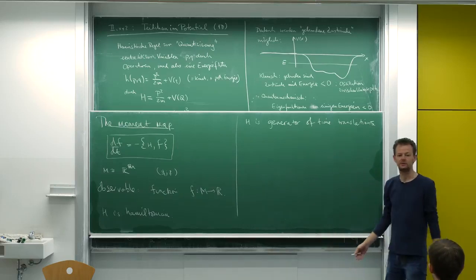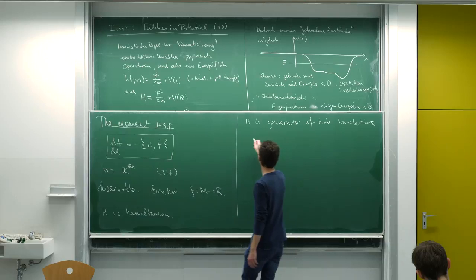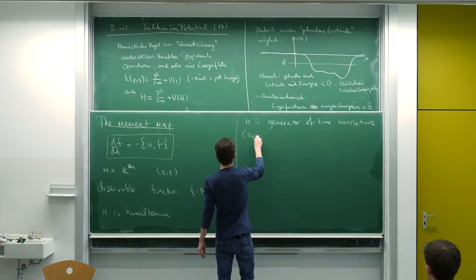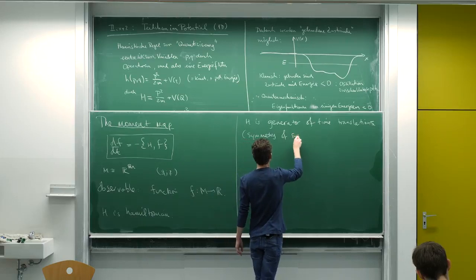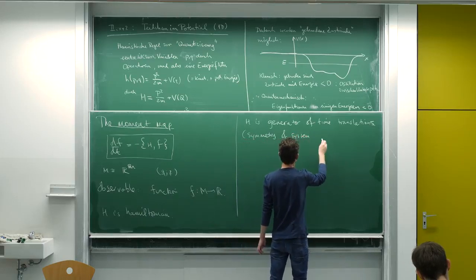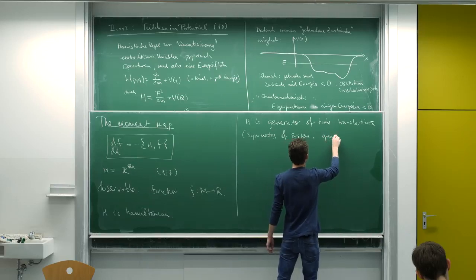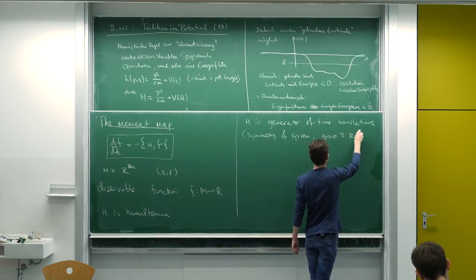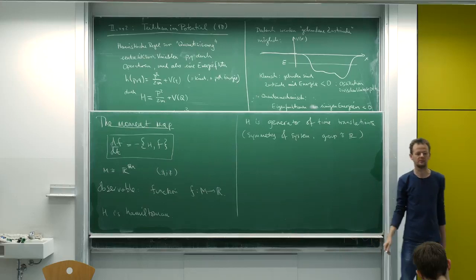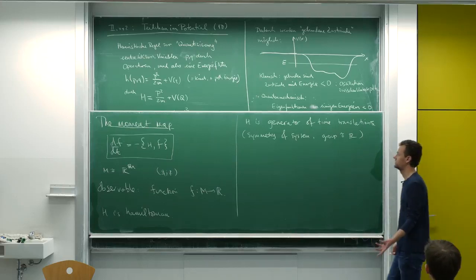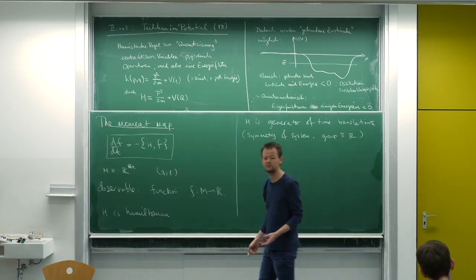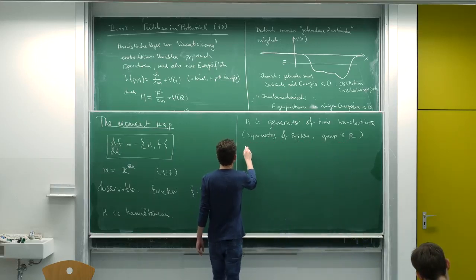So that's a symmetry, and the symmetry group is isomorphic just to R, translating backwards and forwards in time. And you think of H as the conserved charge as well, so that's another interpretation.